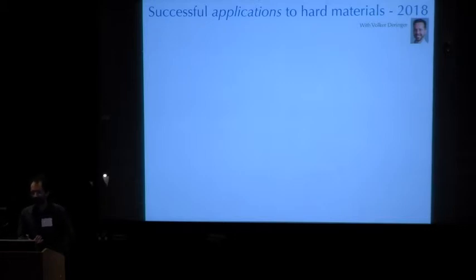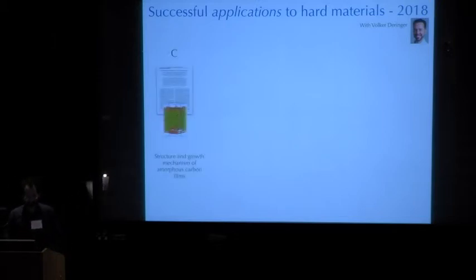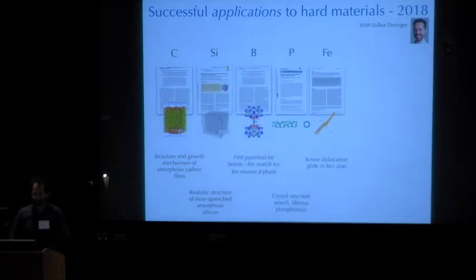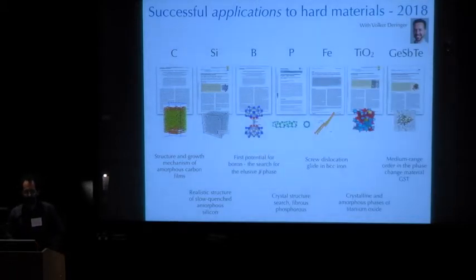So we're no longer researching machine learning only. We're actually going out to the material scientists and saying, you can simulate growth of amorphous carbon, which is, again, a technological coating, with our models, and get the right answer and infer why that happens. We can simulate amorphous silicon, find new structures of boron, phosphorus, iron, titania, and phase change materials that are in your Blu-ray discs, germanium antimony telluride.